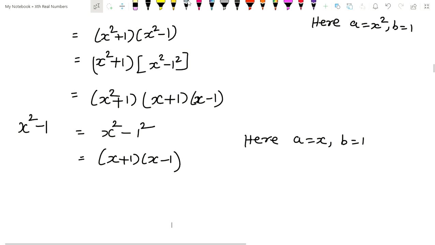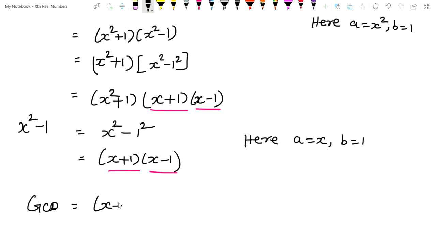Okay. So in this, look here, which is common? x plus 1, x minus 1, x plus 1, x minus 1. So the GCD is x plus 1 into x minus 1. Okay children, is it clear to you? Thank you children.